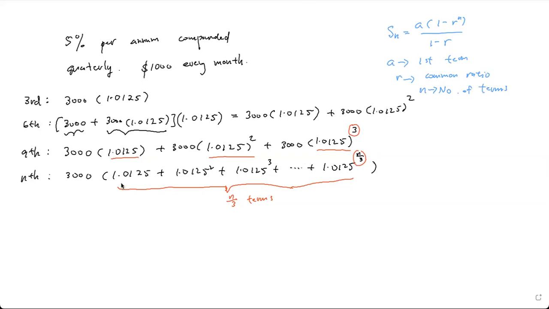The first term would be 1.0125. Let me just write the 3,000 in front first, so the a will be 1.0125, and then this will be 1 minus 1.0125 to the power of n over 3, since there are n over 3 terms, divided by 1 minus 1.0125. So we kind of got the formula already.